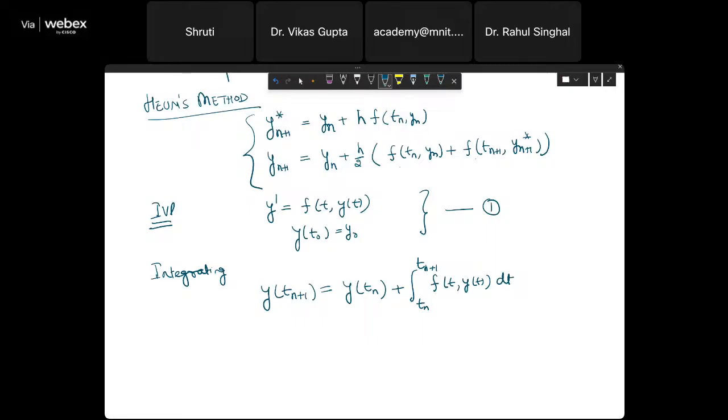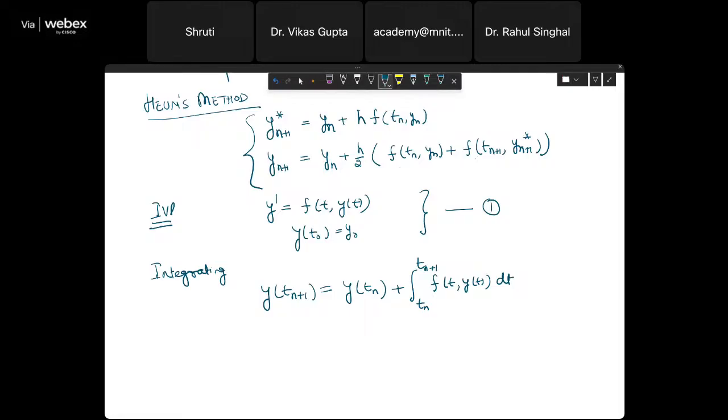Here the approximation of this integral will be different. What we do here is take the interpolating polynomial of degree, say, k minus 1 to the function f, and then do the integration of this integral.